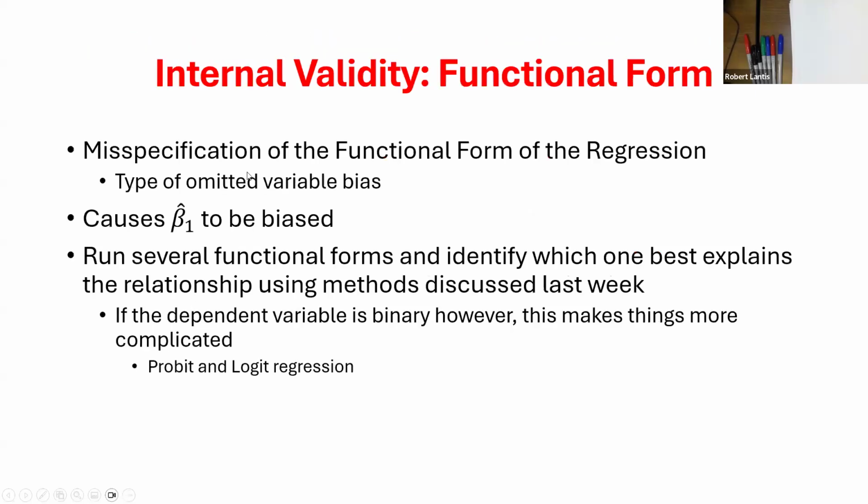I don't want to spend a whole lot of time on this because we've already talked through functional form concerns with internal validity. We just said which one do we want to choose: the one with the highest adjusted R squared. We haven't gone through probit and logit regressions.